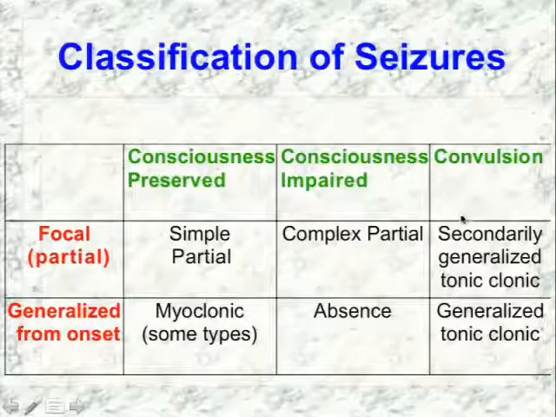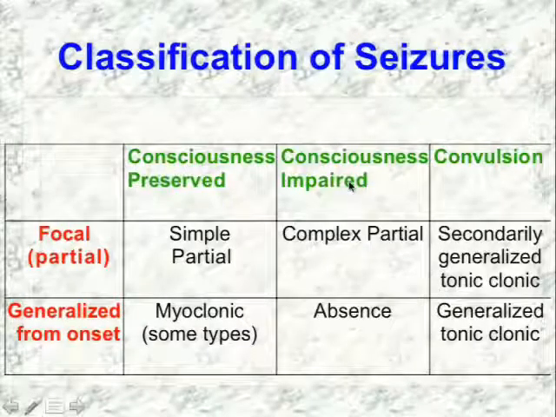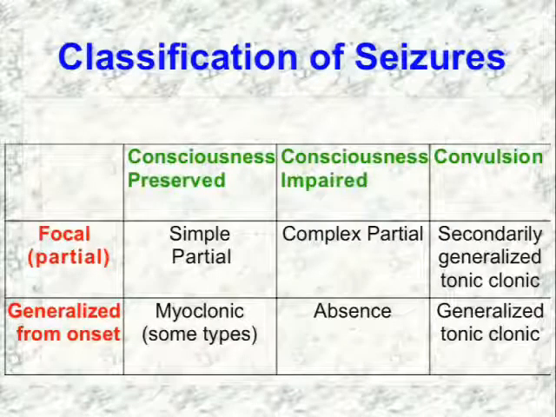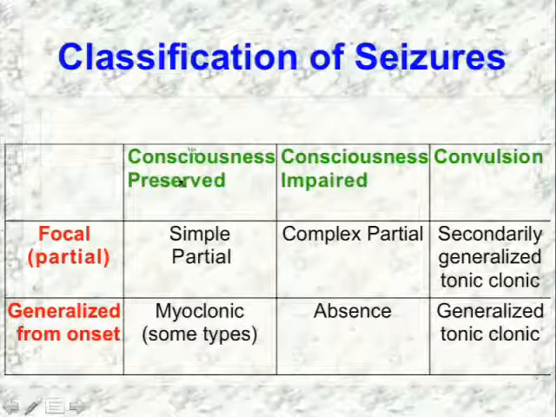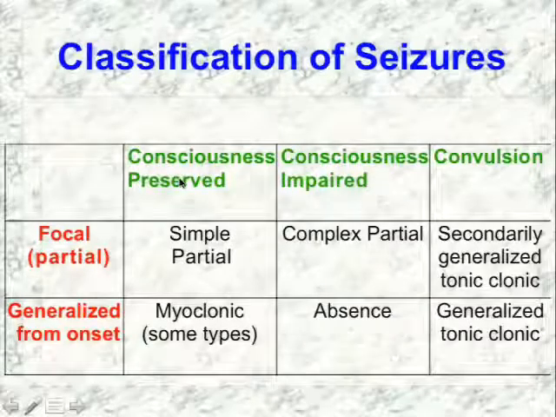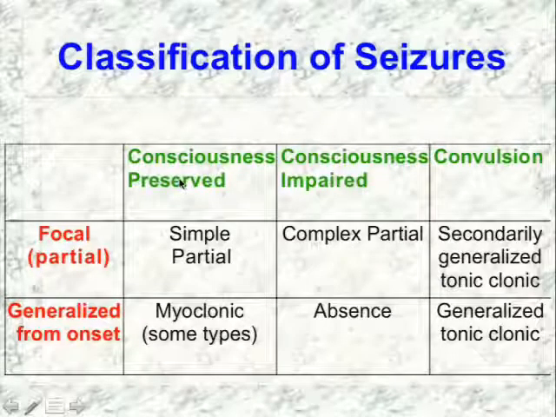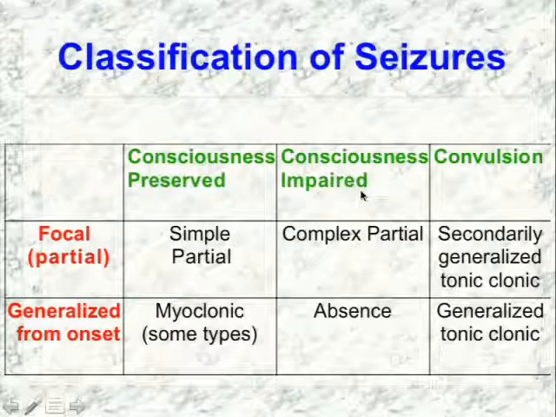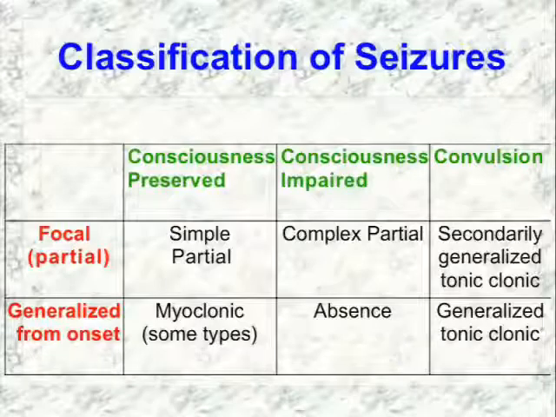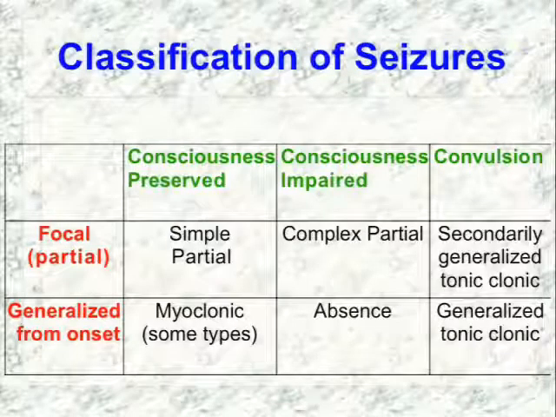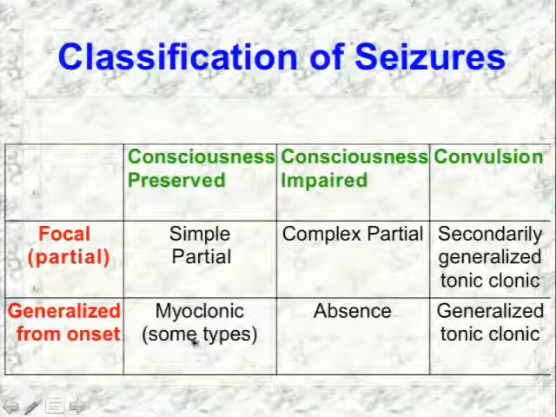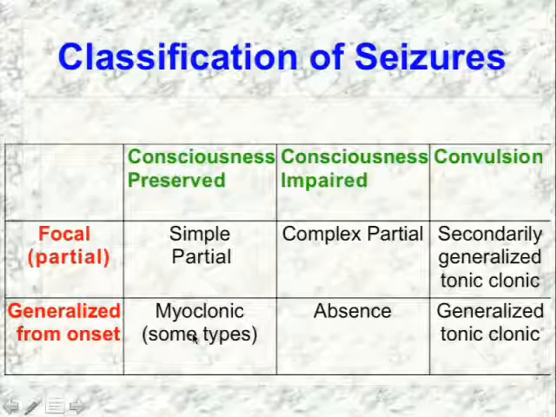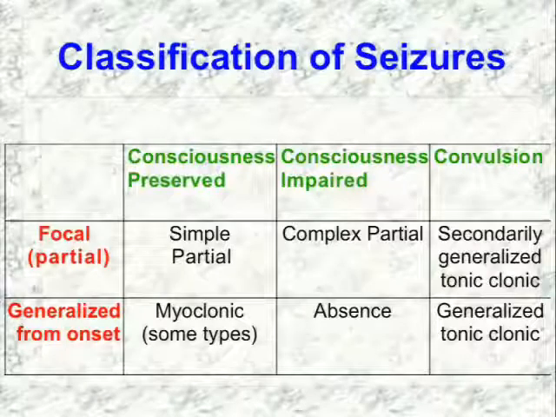These other terms in the rows have to do with what the patient does during the seizure. So if the patient is alert and can respond normally, and it's a focal seizure, it's called a simple partial seizure. If their consciousness is impaired, which means they're not able to respond normally, it's called a complex partial seizure. And with generalized seizures, there are myoclonic or jerk seizures, which often have no detectable loss of consciousness, but sometimes they may.